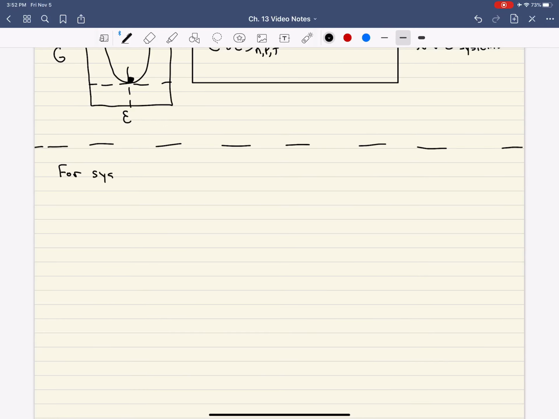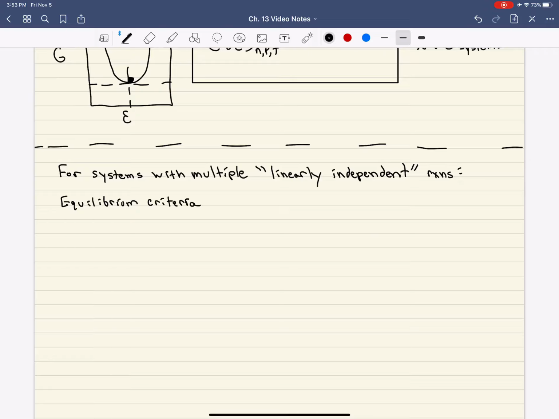But if you're dealing with systems where you had multiple linearly independent reactions, then what your equilibrium criteria would be, it would still be the same thing mathematically, except your stoichiometric coefficients would now belong to a particular reaction.